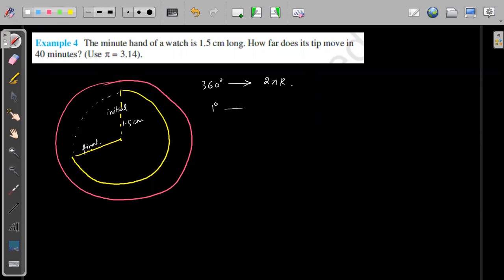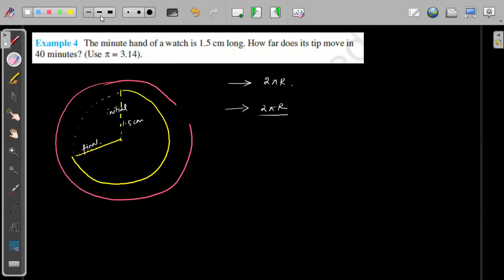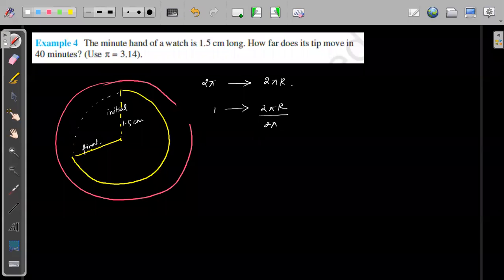So 1 degree would be 2 pi r by 360. Or I can write it in terms of radian: in 2 pi radian, it would cover 2 pi r circumference. In 1 radian, it would cover 2 pi r by 2 pi, so that means r radian, r movement.